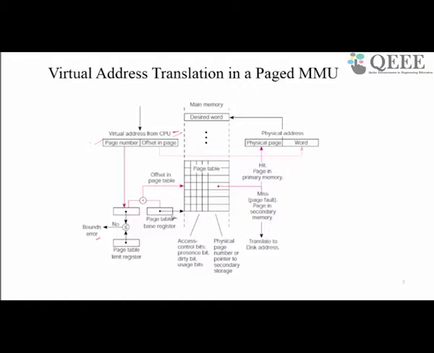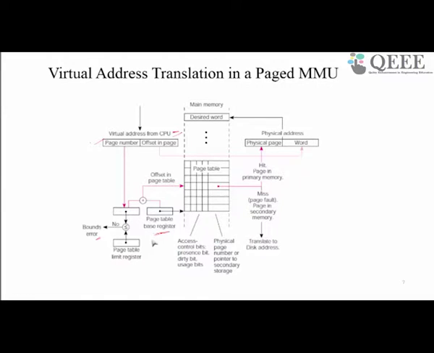Otherwise, we have to check within the page table the information about this virtual page number. Every process will have a page table that stores the information about every virtual page that the process can access, and the base address of the page table of a given process is stored in a register called the page table base register.